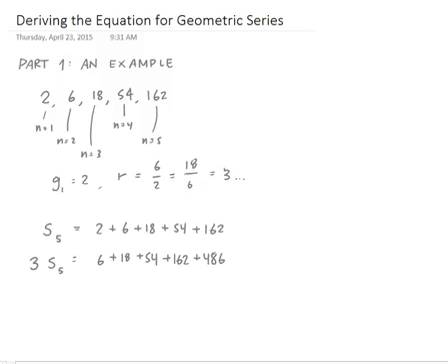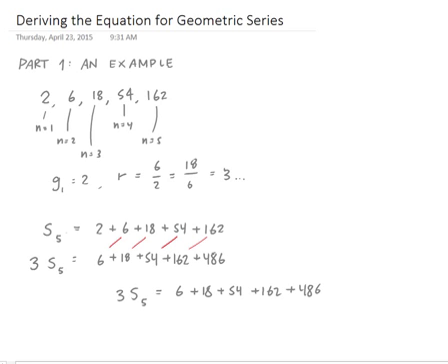What you'll see at this point is that these all line up very nicely for the most part. The 6 lines up with the 6, the 18 with the 18, the 54 with the 54, and the 162 with the 162. I can redraw this just a little bit. I have 3S5 equals 6 plus 18 plus 54 plus 162 plus 486.